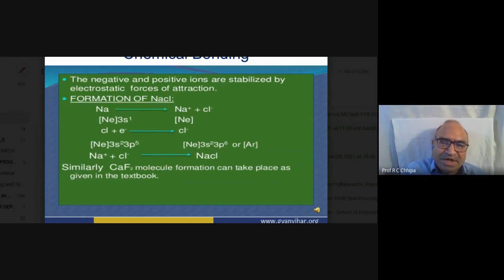When one electron is transferred, this becomes the sodium cation, and this sodium cation combines with the chloride anion. The chloride anion has 8 outermost electrons. Similarly, the sodium cation has 8 outer shell electrons, so that is the octet.